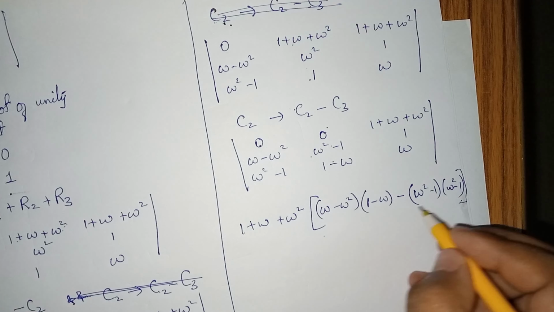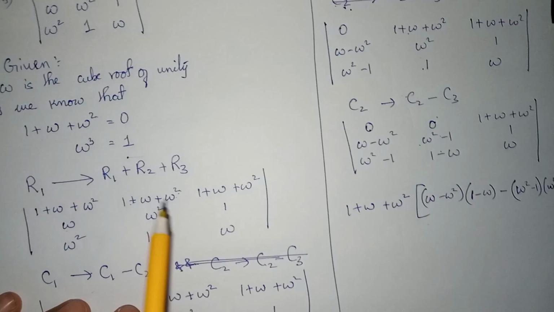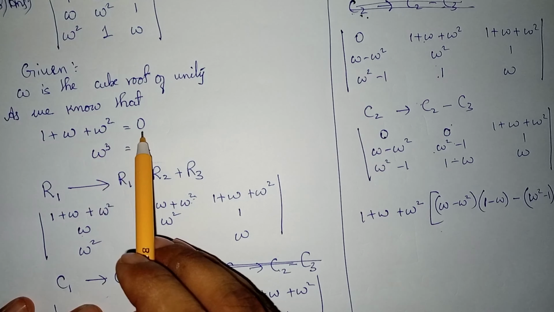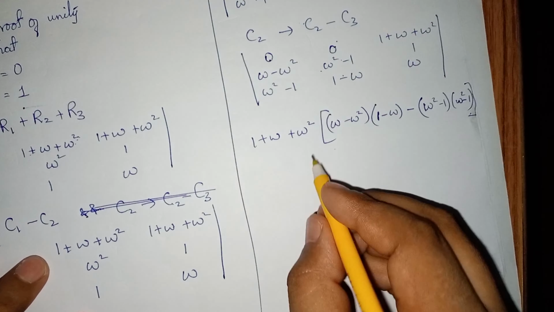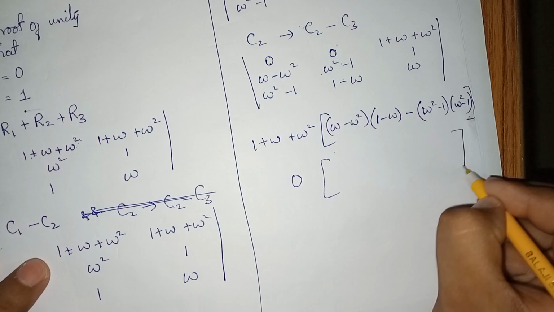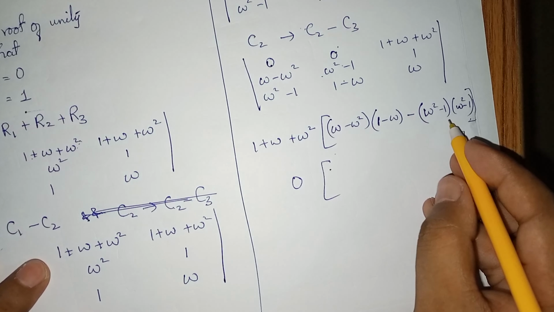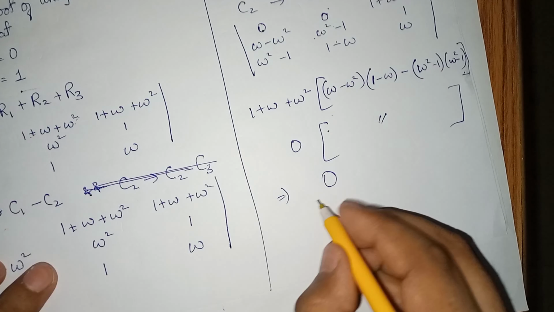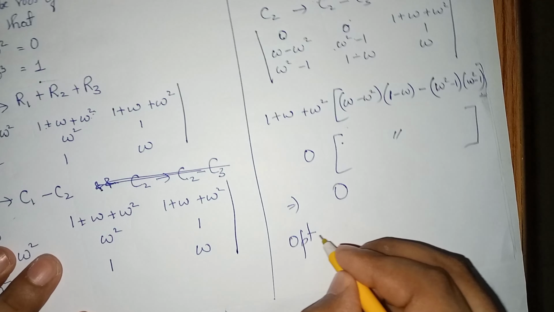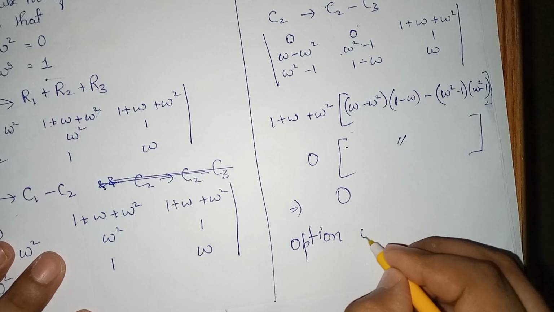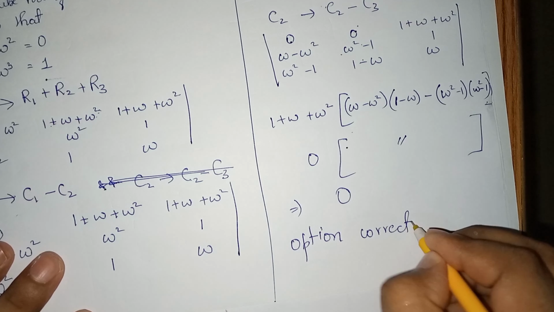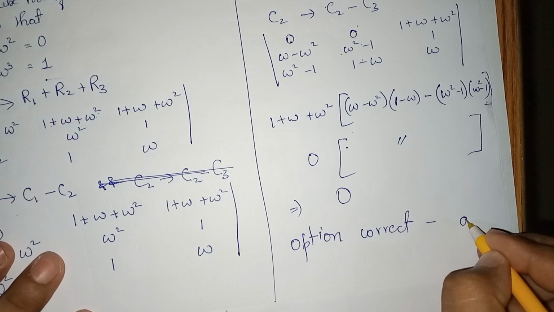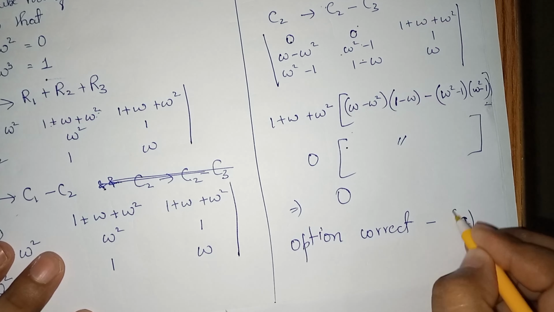Up to here clear? Now what have we learned? 1 plus omega plus omega square is 0, so this number is 0 times the entire expression. If I multiply everything by 0, my final answer will be 0. So which option is correct? The correct option is E, that is, answer 0.